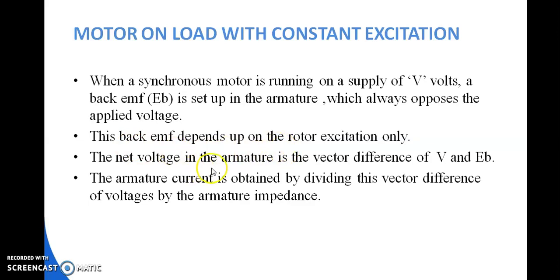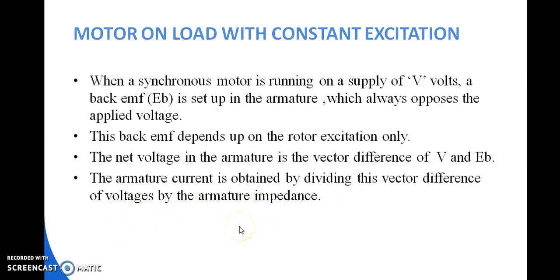The net voltage in the armature is the vector difference of V and EB. The armature current is obtained by dividing this vector difference of V and EB by the armature impedance.